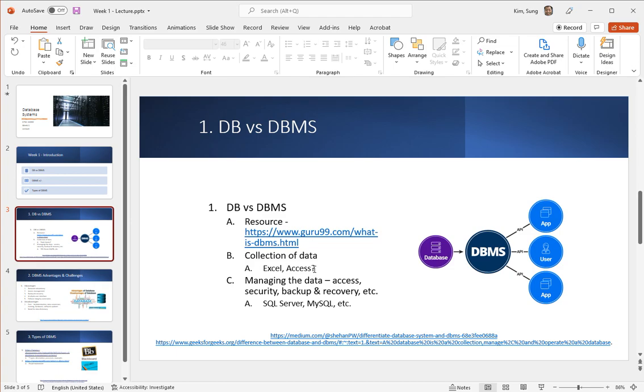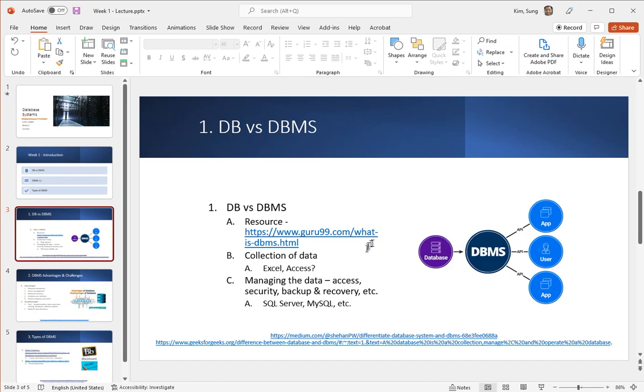I don't know if DBAs would consider that a database management system. But anyway, you could have a database, but having a database is not very useful for more than just one person. Even for one person, it may not be as complicated, or offer as many functions as we might want it to.